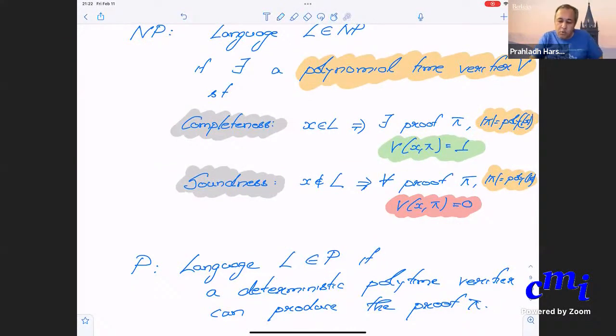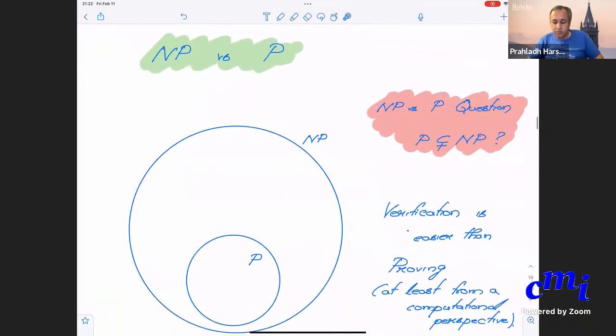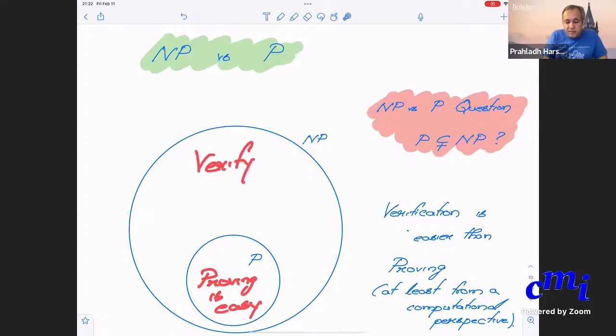NP is, I don't care who comes up with the proof, but I must be able to check whether the proof is correct or not. So NP versus P is trying to distinguish: P is exactly those problems in which proving is easy, and NP is those problems for which verifying is easy.